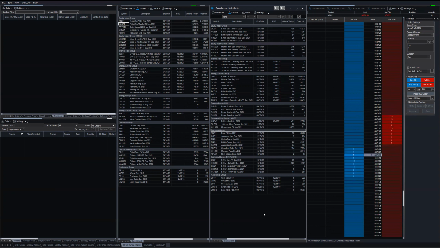All of these micros and minis are fairly new products, so I would assume it just takes some time until people and institutions, however you want to call them, realize that they're available to trade. All right. Any questions so far? Is everyone able to follow so far?